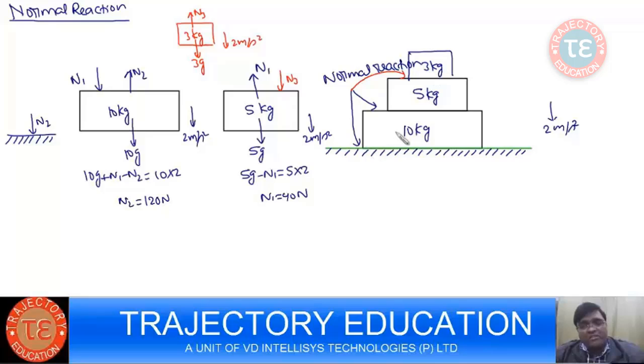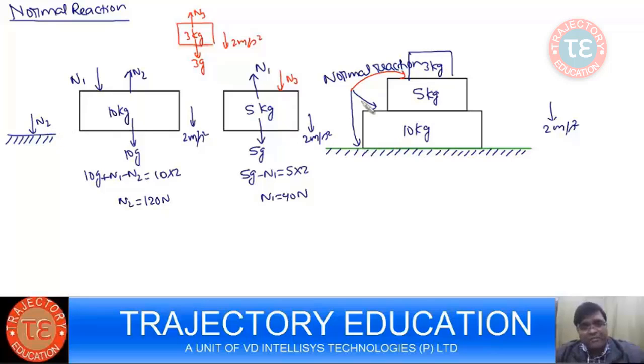But you do have impact of 3 kg on the interaction of the surface with 10 kg. You'll find that when I put this 3 kg, the normal reaction at this interface will change. So 3 kg do have a significance over here. By putting 3 kg, you will find that the force of interaction between 10 kg and the surface is going to increase.